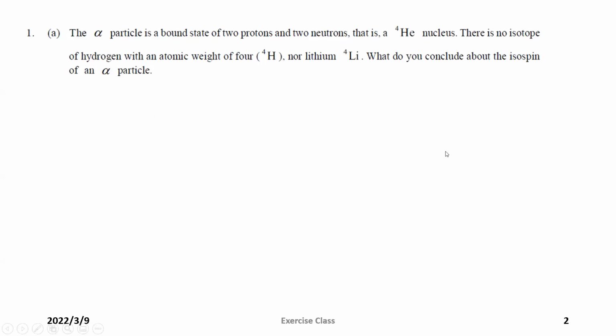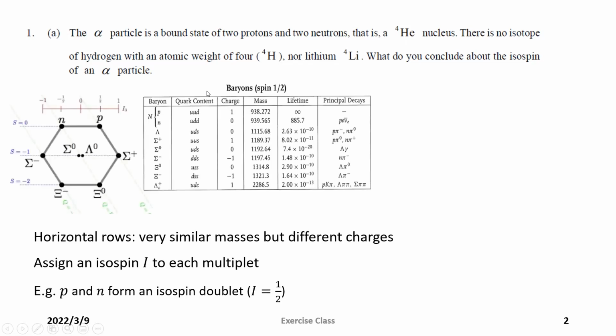discussing the questions today. The exercise question today is still focused on the chapter of symmetry. For the first question, we are given an alpha particle, and we want to conclude about the isospin of the alpha particle. To determine the isospin, we can just refer to this diagram.